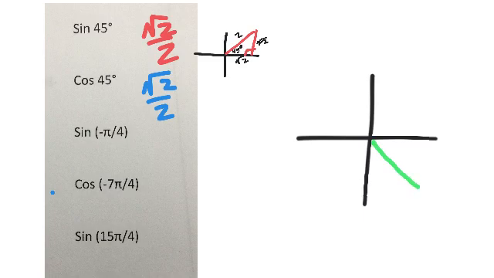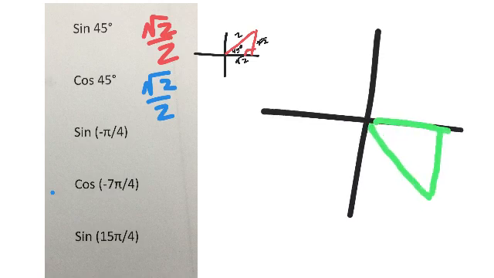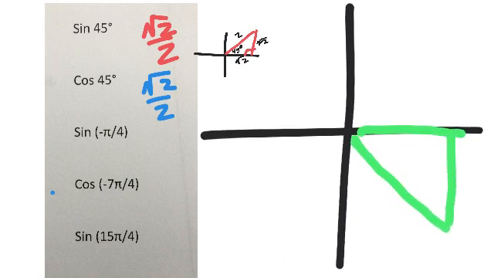So now what I'm going to do is make a right triangle out of this. Now, we haven't talked about reference angles yet, so I really don't like that we're kind of doing this out of order. That's what I was looking for just a second ago. But I think you get the same idea. So I rotated negative 45 degrees, but the angle of this triangle is 45 degrees.